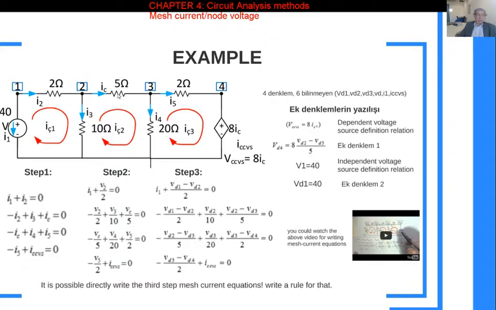This is a resistor current, the 5 ohm resistor current. So I'm going to transfer this resistor current to the resistor voltage. VD2 minus VD3 is the resistor voltage in terms of the node voltages. The resistor voltage divided by 5 gives you the resistor current. So that is the IC. What I have in this equation are the node voltages only. This is the equation that I am looking for, and this is the supplementary equation 1.